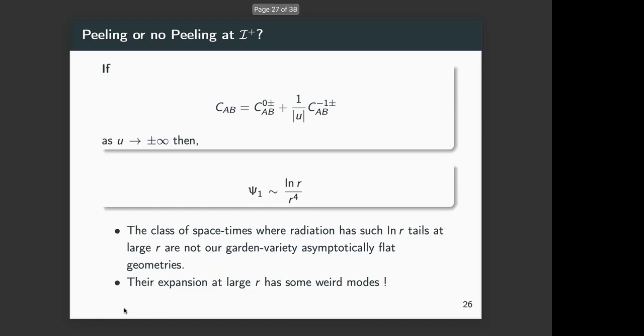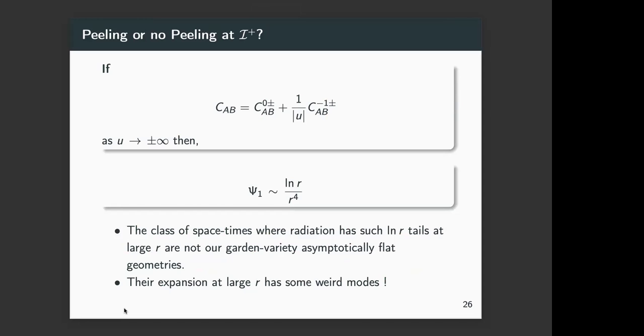To be more concrete, he showed that one of these Weyl scalars will decay not with a polynomial power of r, but as log r by r to the 4.